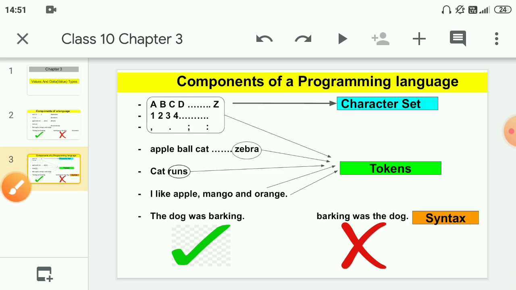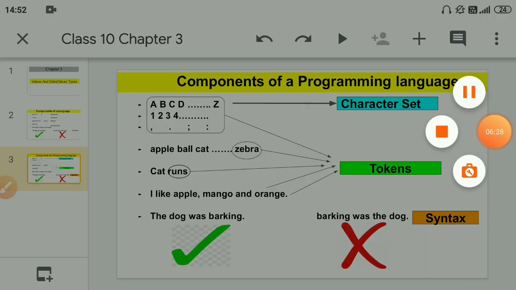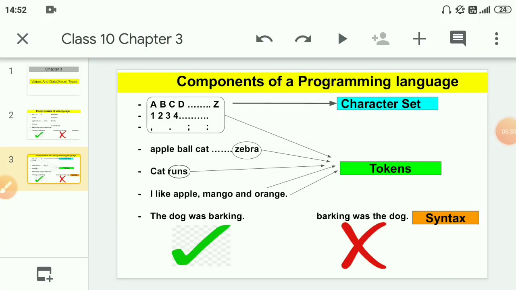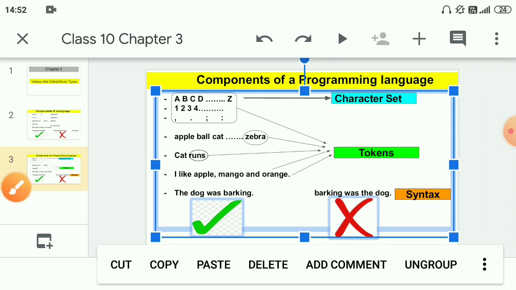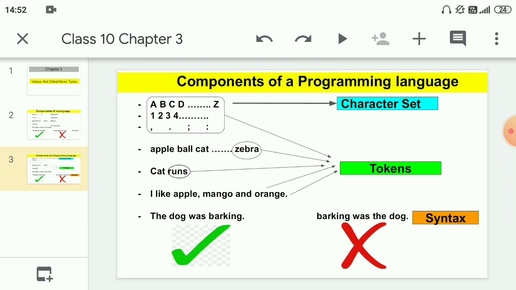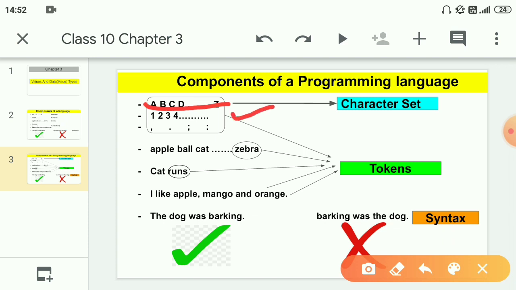So in a programming language, all the basic components like the characters A, B, C, D, E, F up till Z, capital or small, both of them. Then the numbers 1, 2, 3, 4.